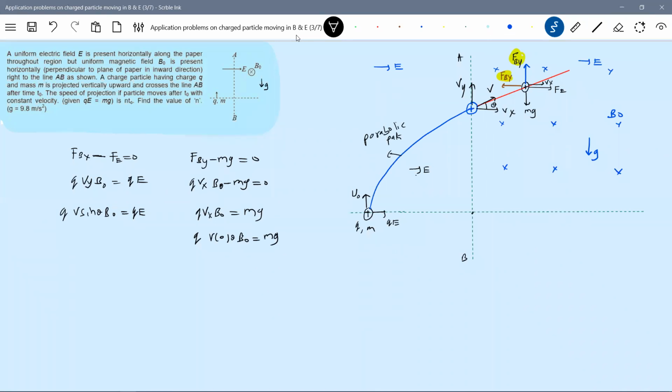Then what is the given thing? Look at this. Take help of it. All of you look at this part. QE equal to mg, no? So there's equation 1, there's equation 2.